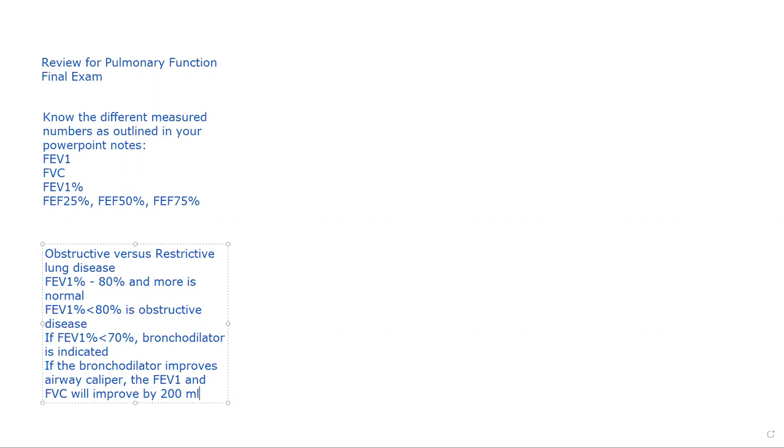And then we look at the FVC, did that improve by 200 mLs? Then yes, the patient does have reversible airway obstruction. The other value to look at is the FEV1 should improve by 12%.